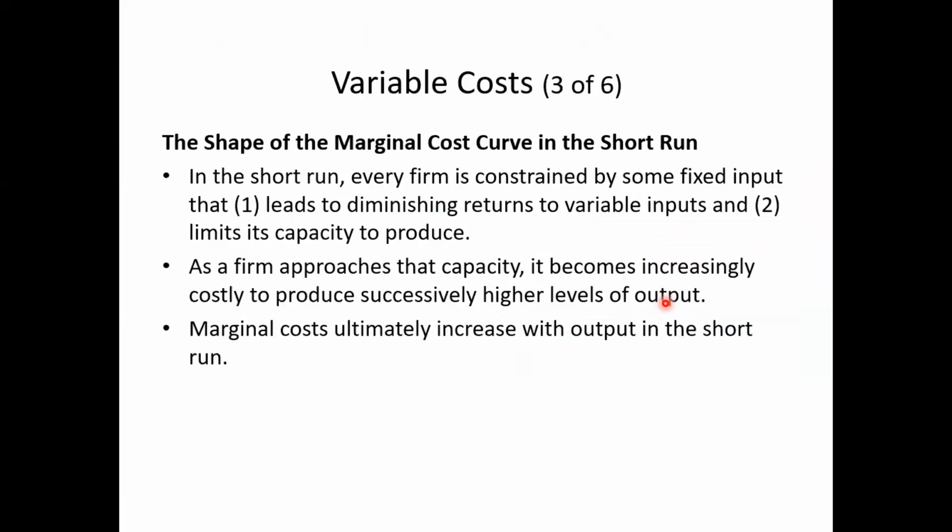Now, the marginal cost curve in the short run is tied to the fixed input and to this idea of diminishing returns we introduced last time. Imagine an accounting firm. I've got 5 computers. I hire the first accountant to work, they have a computer. Second accountant, they have a computer. Third, fourth, fifth. Okay, good.